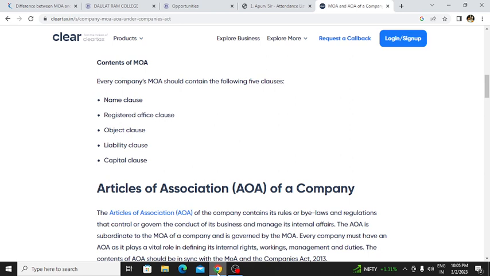So basically, if you want to choose your company name, first of all you should proceed as per the law. You should go to the MCA website and check the name. If your suggested name, or a name suggested by a member, or if you have any name in mind, check it on the MCA website and check it on a trademark website.